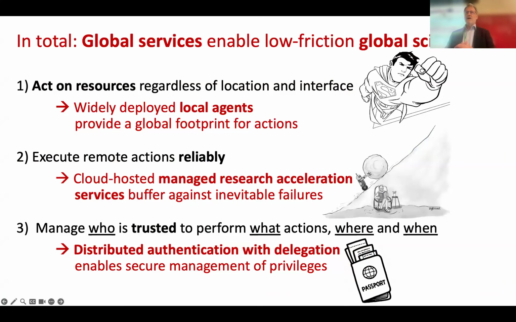But I have observed that there's a series of sources of friction that we can reduce in ways that we couldn't have done not that long ago, thanks to our ability to create and deploy these global services that are hosted in the cloud, but that nevertheless are able to act on resources regardless of location and interface by deploying these local agents that interact with the local resource types.